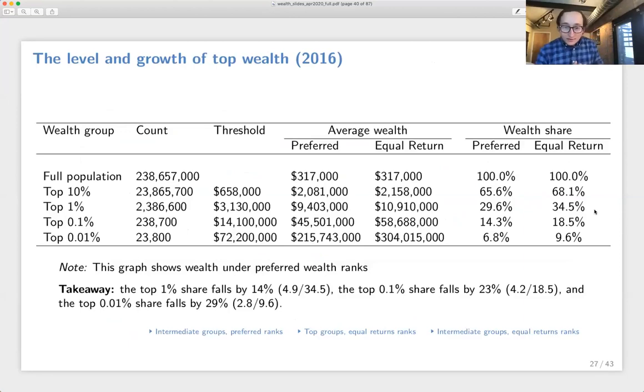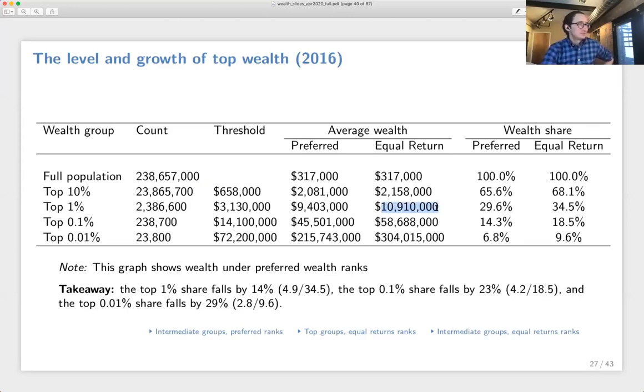So this table just shows the thresholds, average wealth under our specification and under equal returns, and the wealth shares.